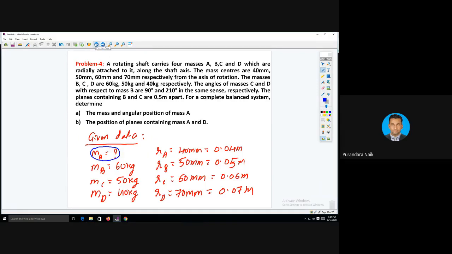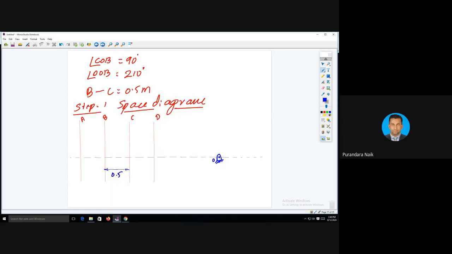Here, if you see the angle, angles are measured from B with respect to B. That's why B is a reference plane or a reference mass. You need to keep in mind which mass to select as a reference in the side view.